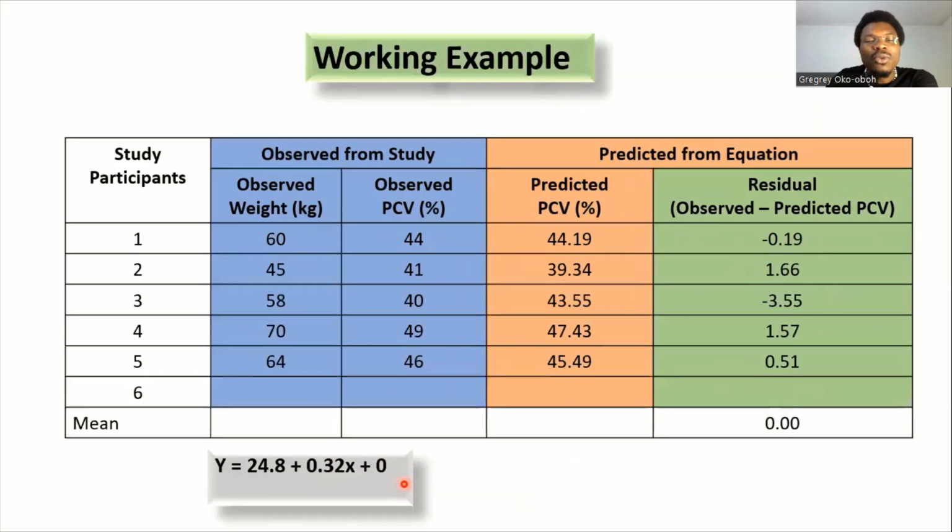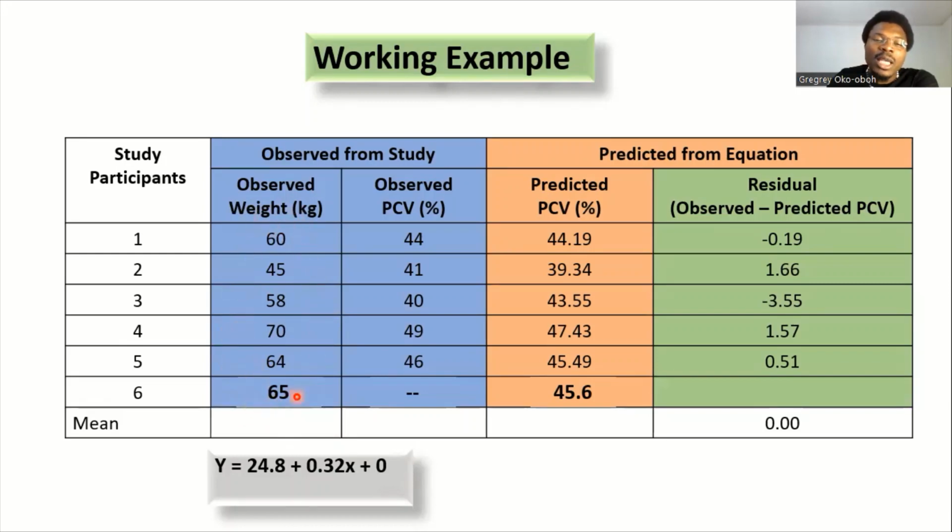So if we have an individual now who weighs 65 kg, what will be the predicted PCV? 45.6%. So this is the beauty of the regression equation or the regression model. I must warn at this point that prediction using the regression equation should not exceed the range of values of the independent variable.